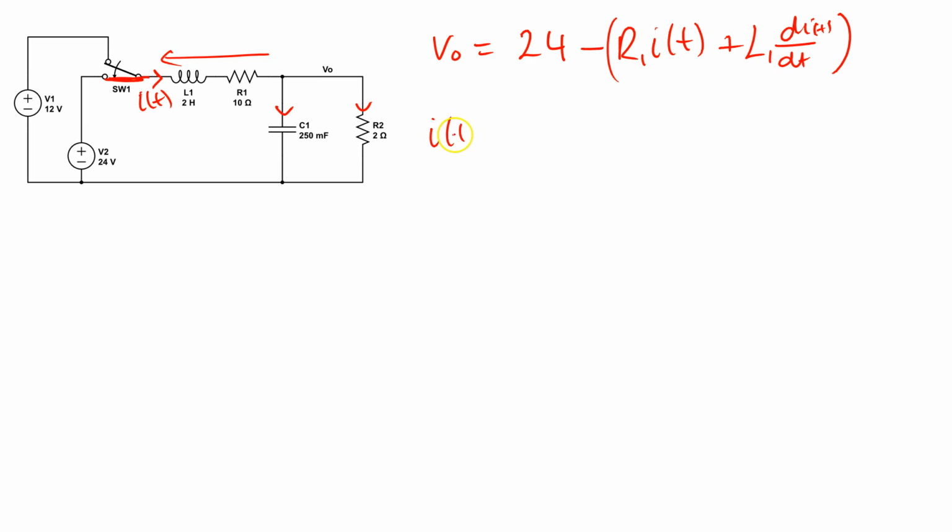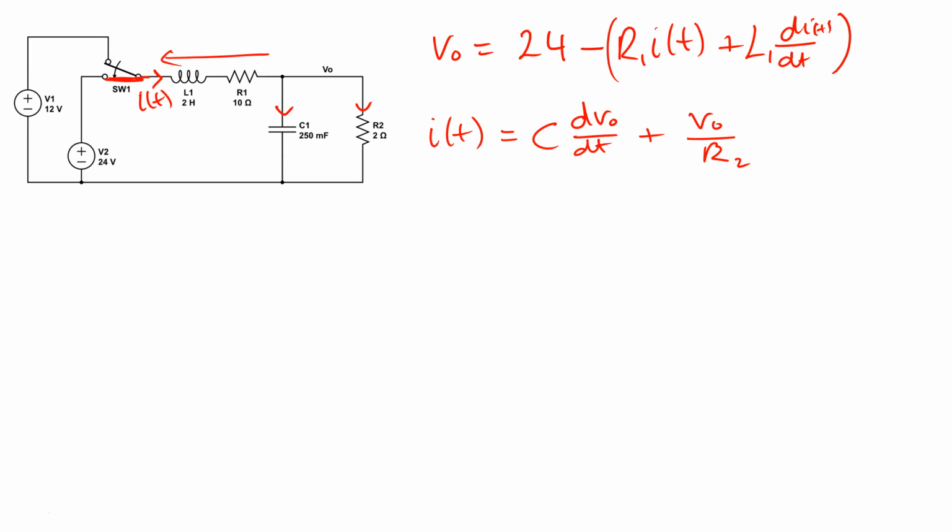So we could write it in terms of V0, because we know the current through the capacitor is equal to C dV0/dt, and the current through the other branch is simply V0 over R2.